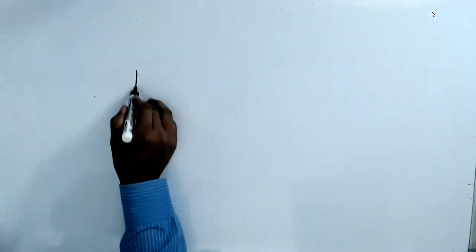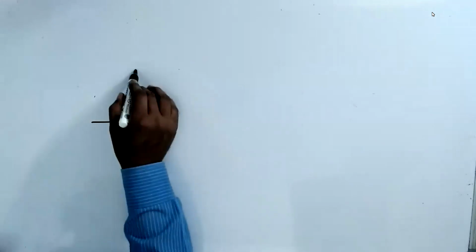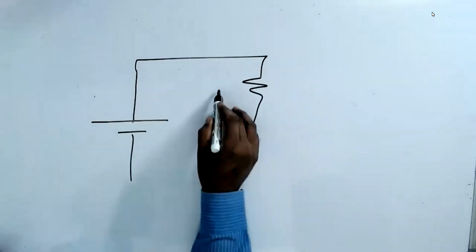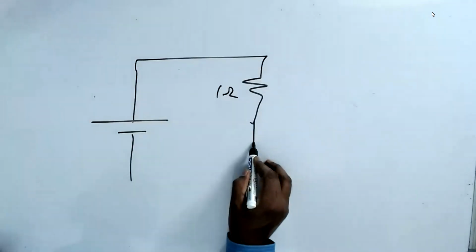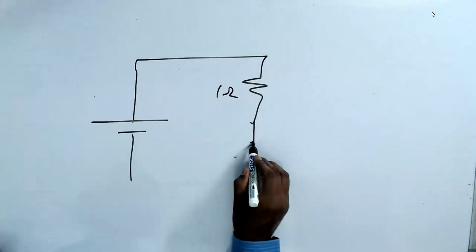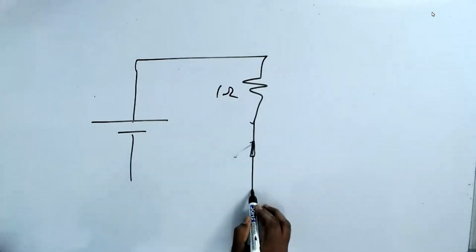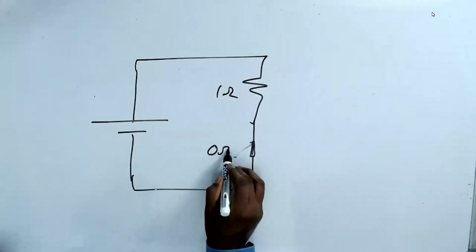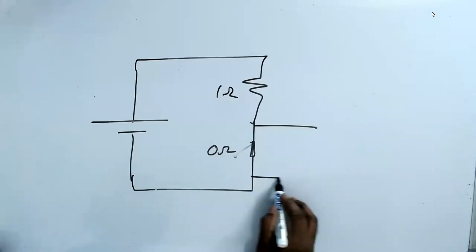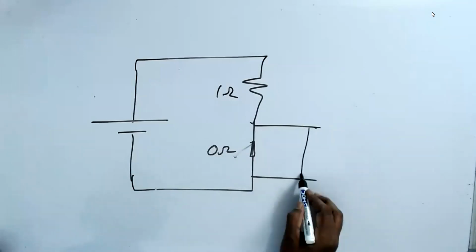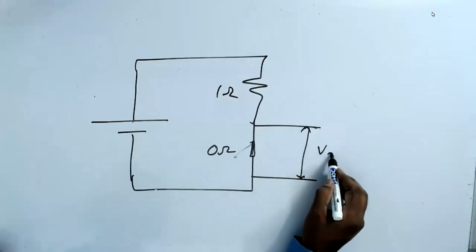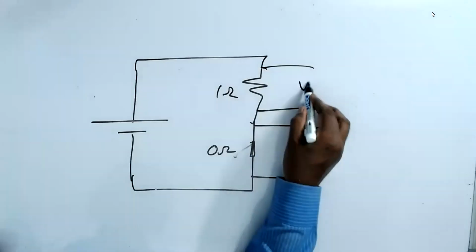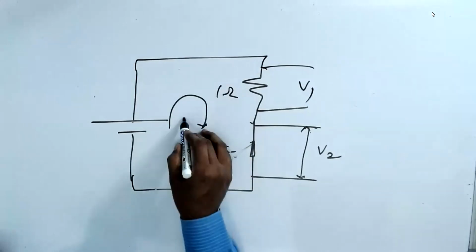Second thing is, if I have 1 ohm, the other one, the switch is on now. Switch is on. That means 0 ohm. Now, what is the voltage here? V2, V1. Whatever may be the I, I don't mind.